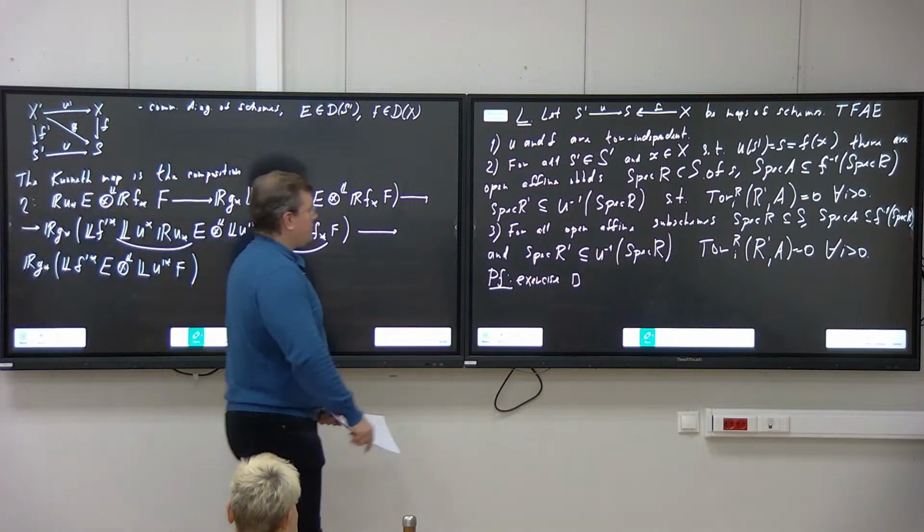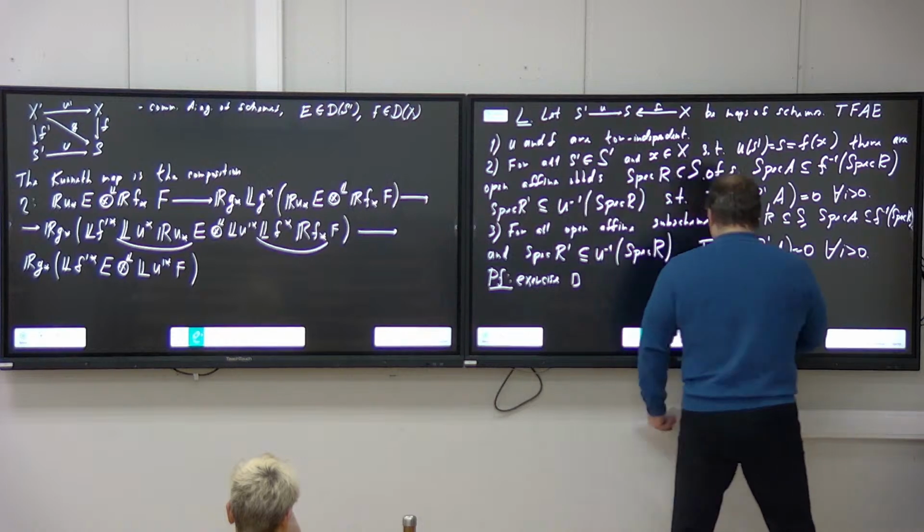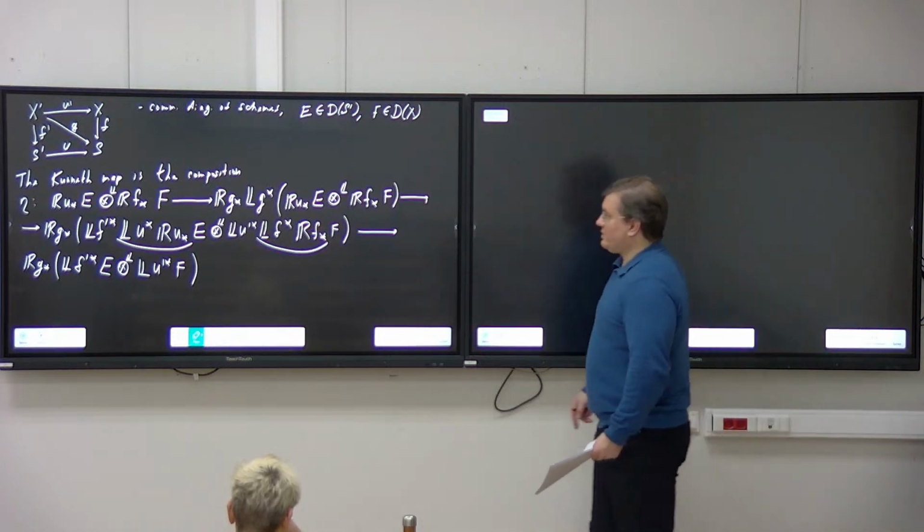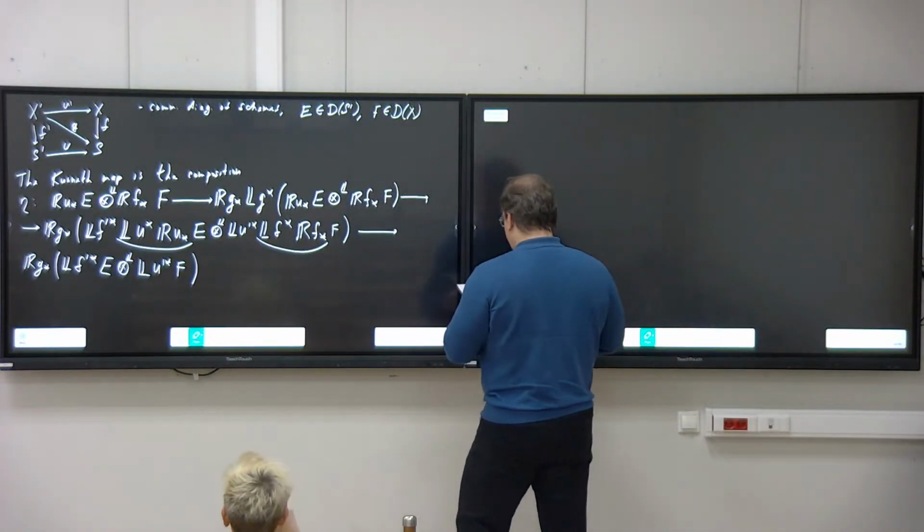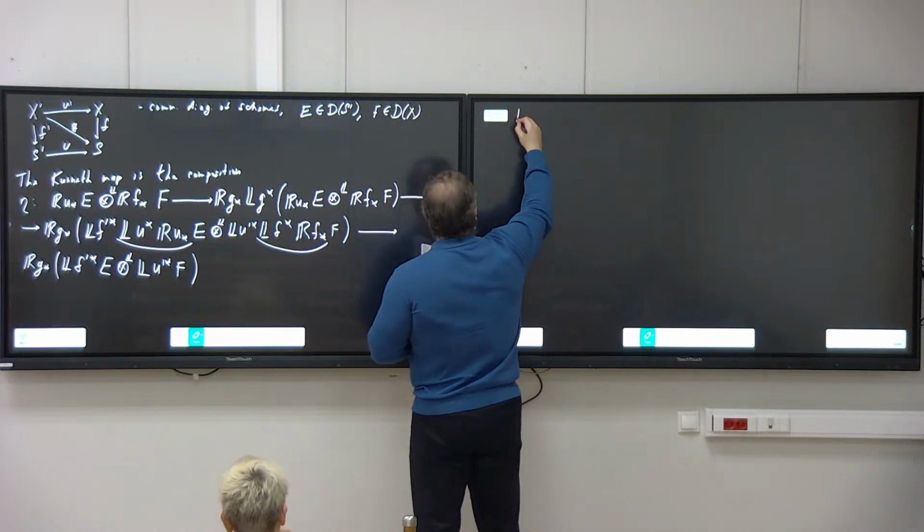The reason to call this a Q-unit map, just note if you're not satisfied with the formal definition, is the following remark.